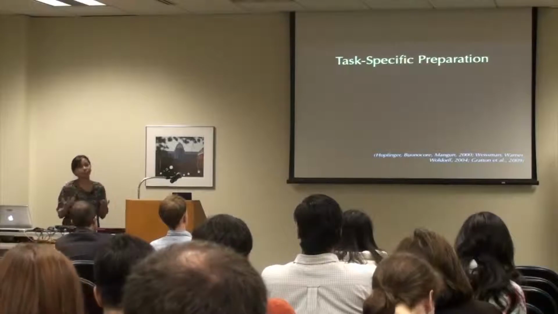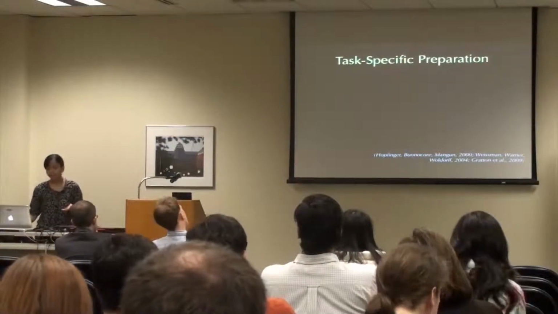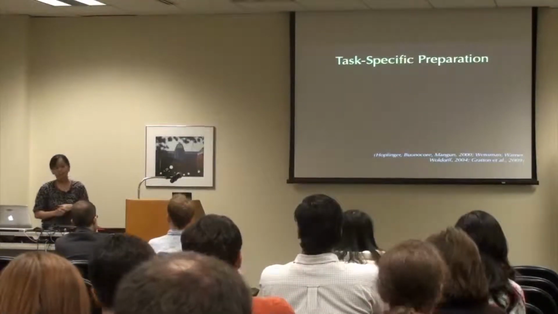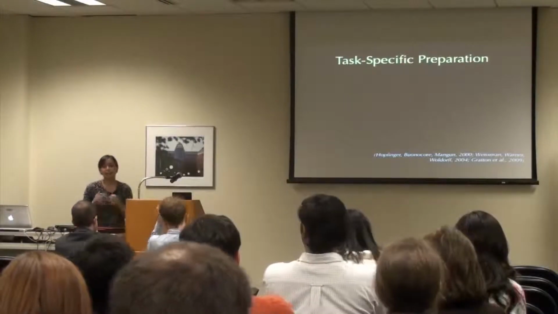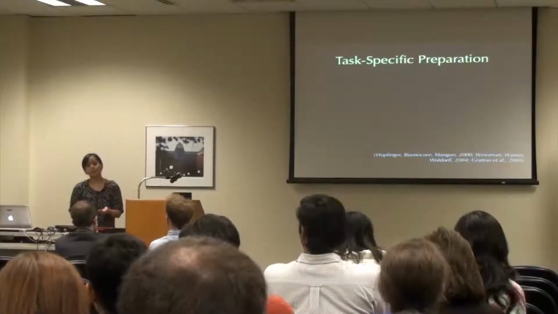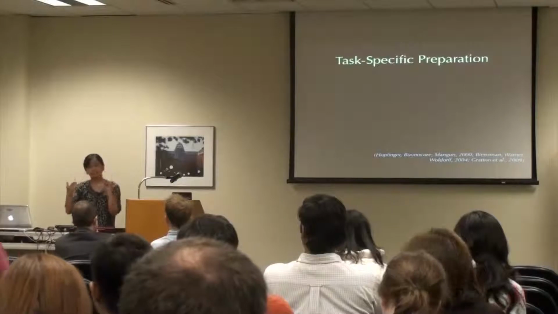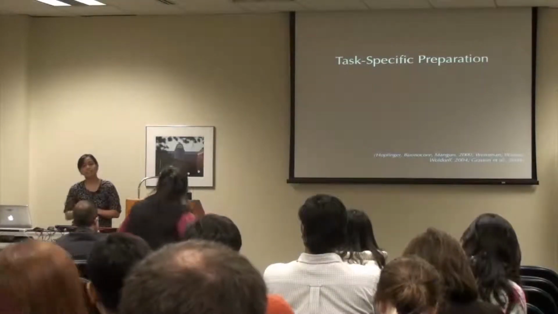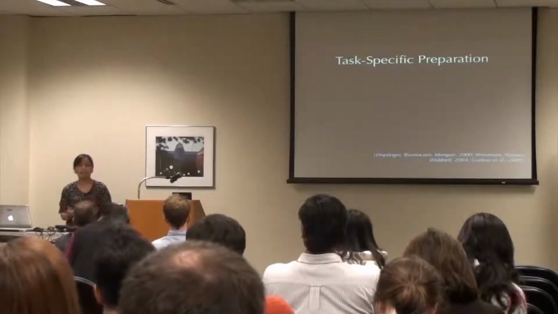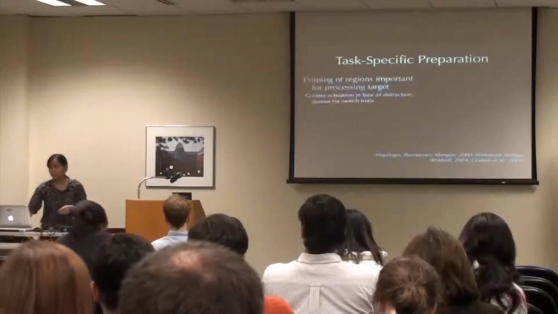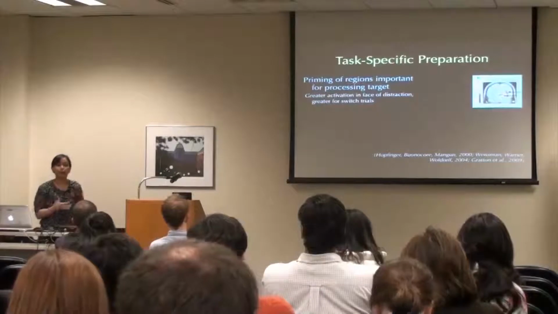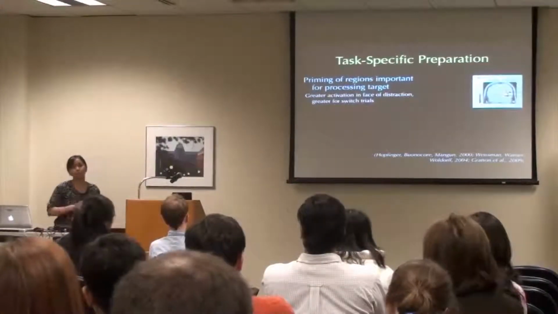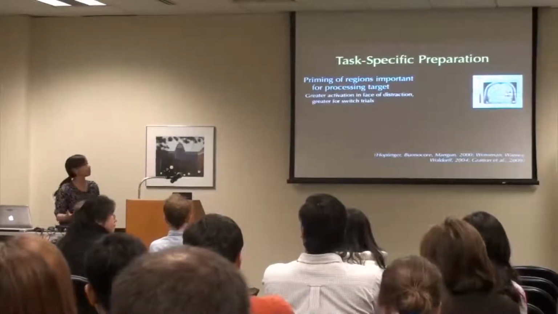So when investigating how people prepare, they also found that it's not only these regions that are active. They also found that regions that are important for executing the task, or for processing the stimulus that's about to come up, are activated even in the absence of that stimulus and even before that action is executed. So what people seem to find is priming of regions that are important for the task that's about to be executed.